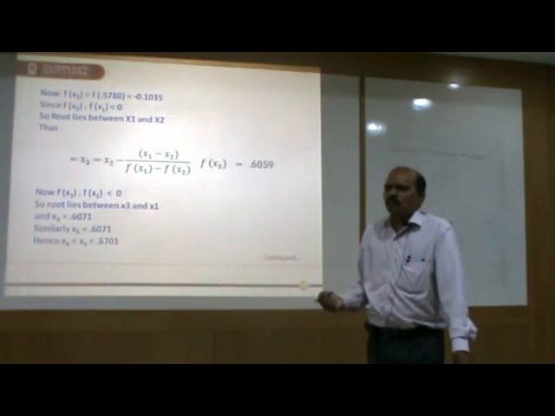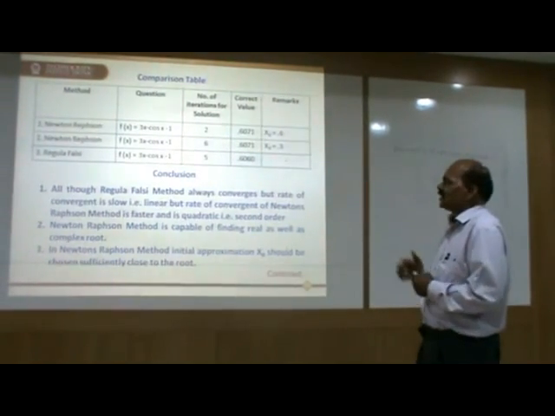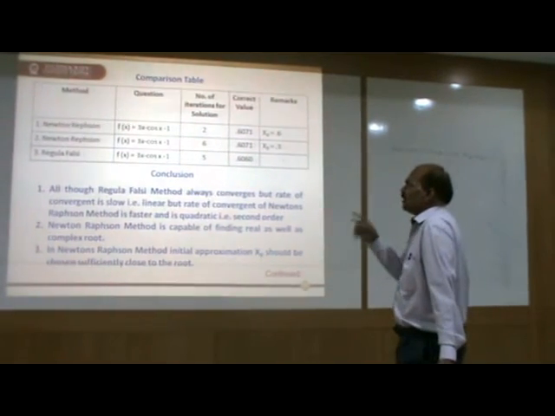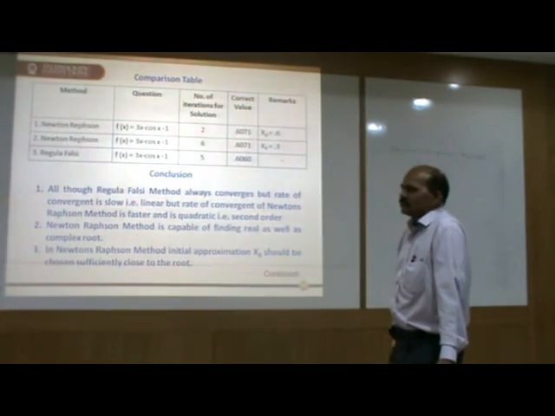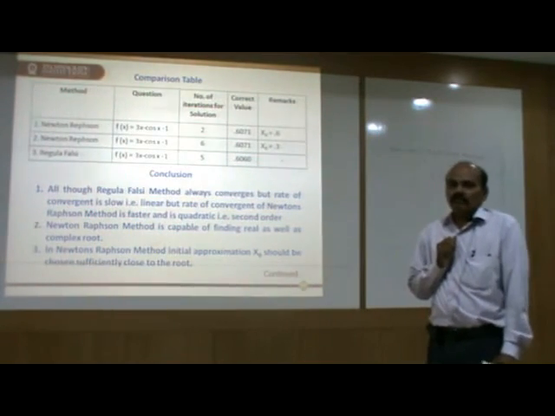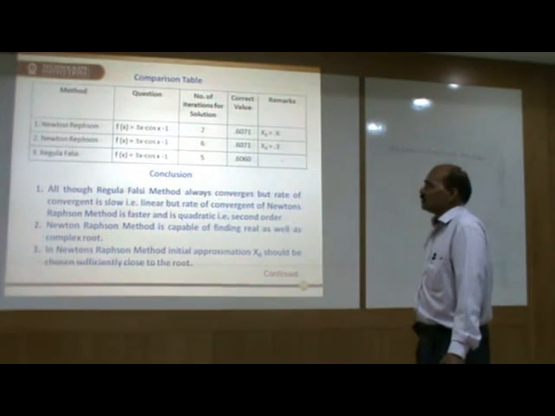So now I would like to conclude by solving this question. In case of Newton's Raphson method, when we have taken x0 as 0.6, our root was obtained in 2 iterations, meaning 2 approximations, and that was 0.6071.